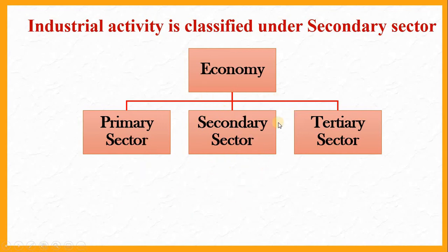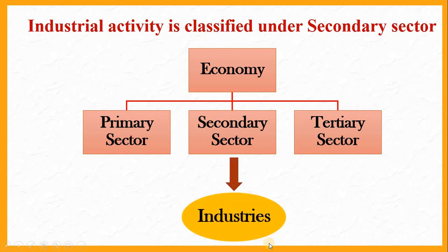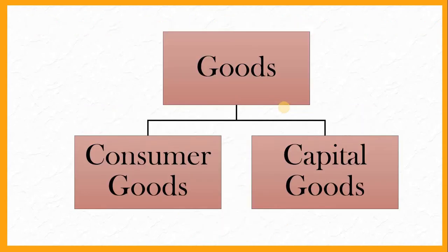So that happens in secondary sector. So secondary sector consists of all industrial activities. So this is what you should know about secondary sector, means industrial activity or manufacturing activities.